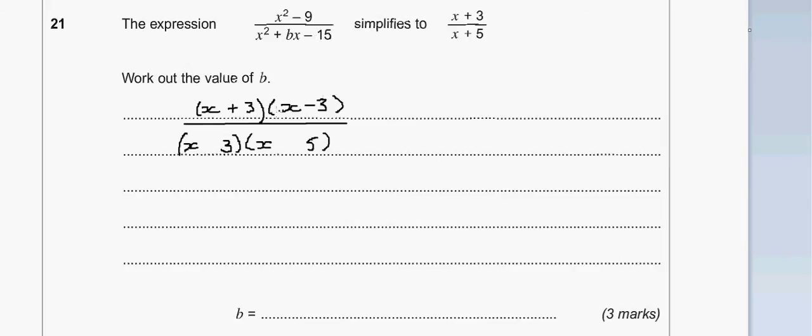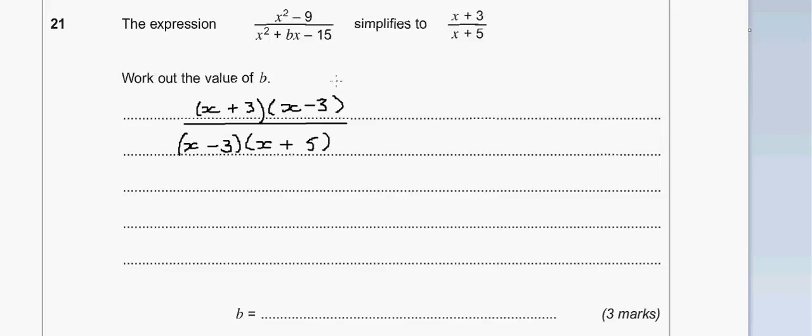But we've been told that it simplifies to this, so the x plus 3 and the x plus 5 remain. So this must be x plus 5 and this must be x minus 3.